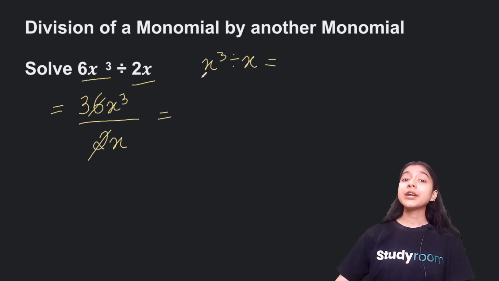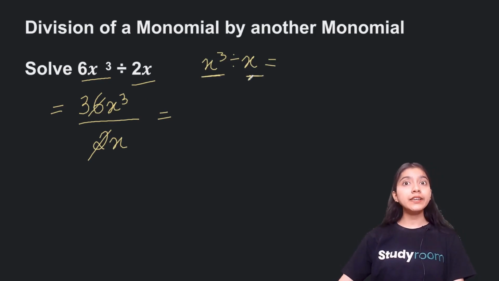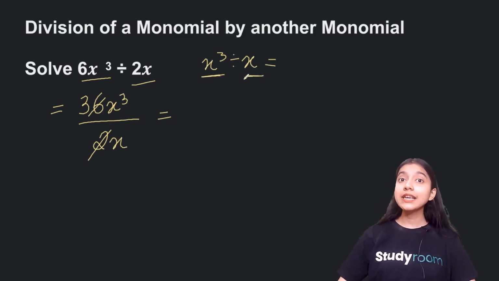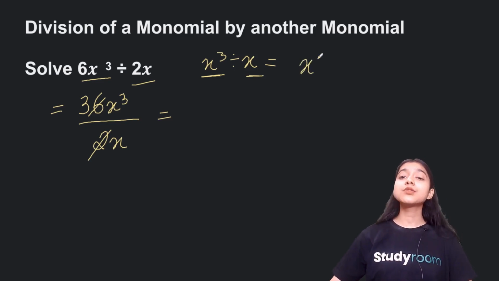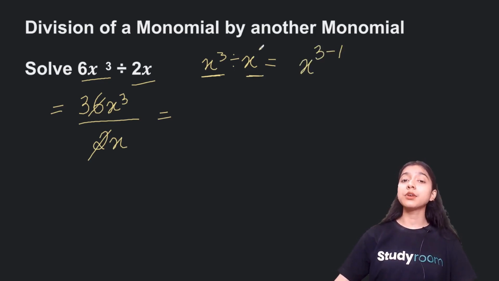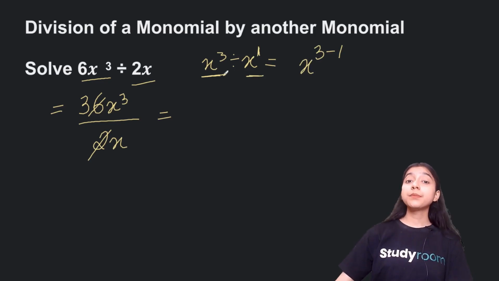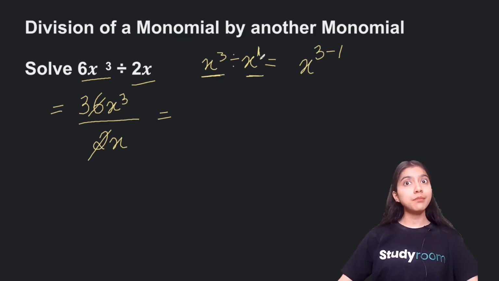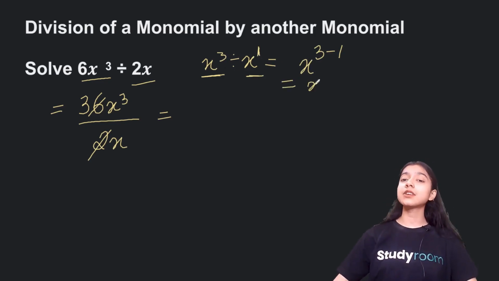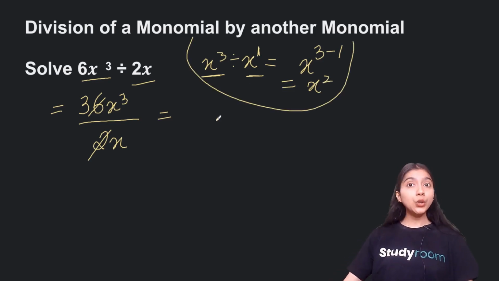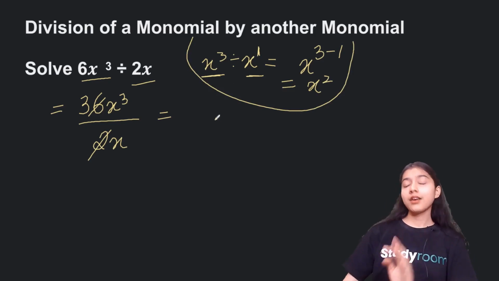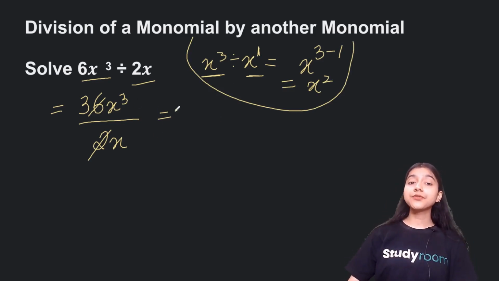I told you that when bases are the same and they are divided, the powers will be subtracted. That means x to the power of 3 minus 1, because over here the power of x is 1 and the power of x is 3 over here. So we have 3 minus 1, which ultimately gives us x squared. This is a calculation that you should do in the rough column. Now we are left with 3.